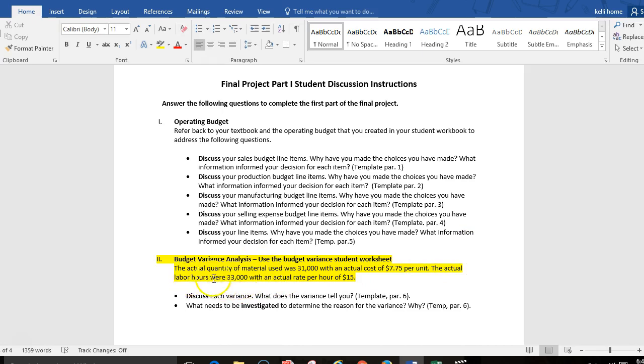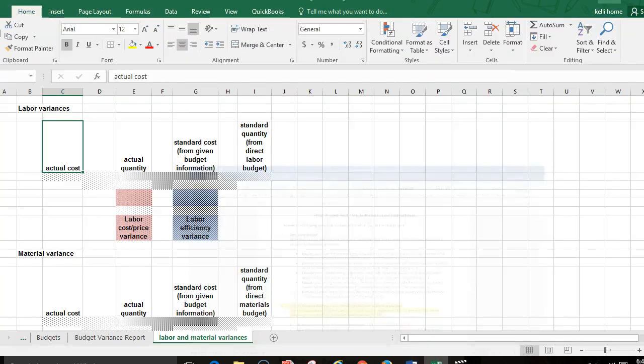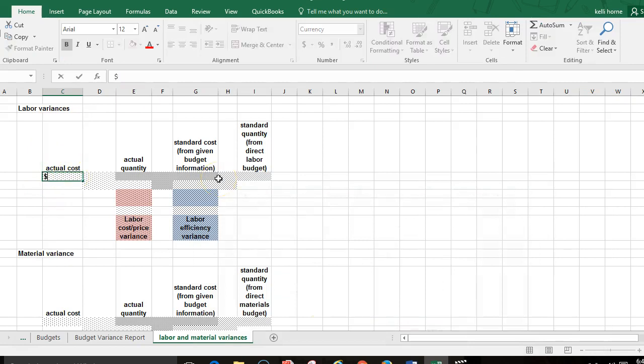The actual labor hours were 33,000 with an actual rate per hour of $15. So now if I go back to my worksheet, here I see my actual cost I know is $15. Okay, and my actual quantity was 33,000. Okay, so that's the number of hours. Let me move it up one row, I'm sorry.